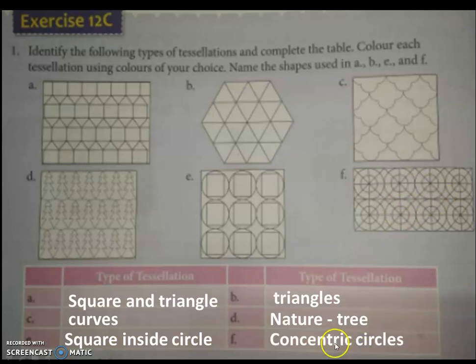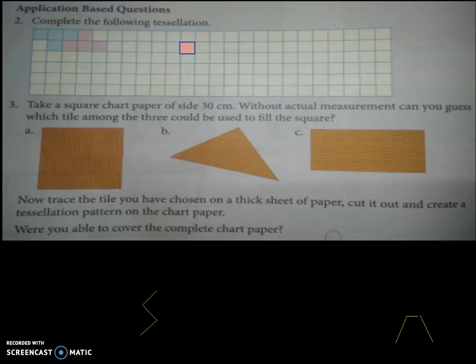This is what I feel about the figure I have drawn. But if you feel some other shape, you can write that also in your book. In this exercise 12C, your own thinking, your own innovation is always welcome.